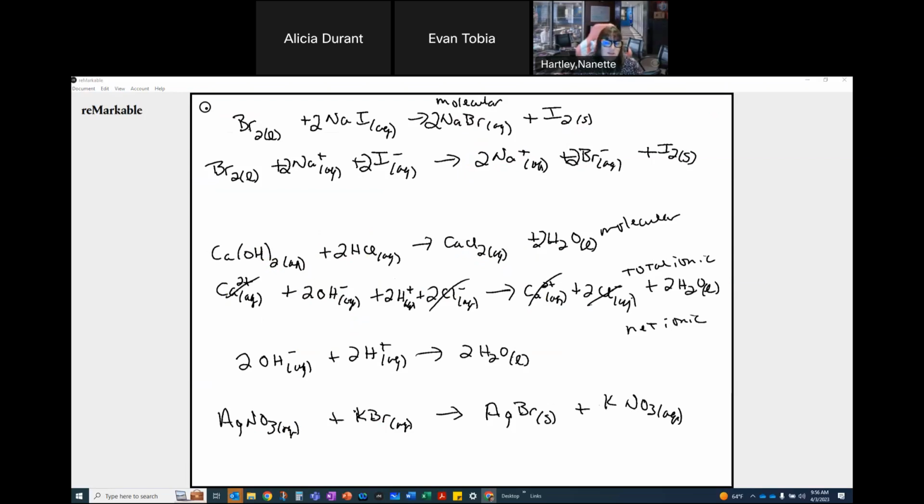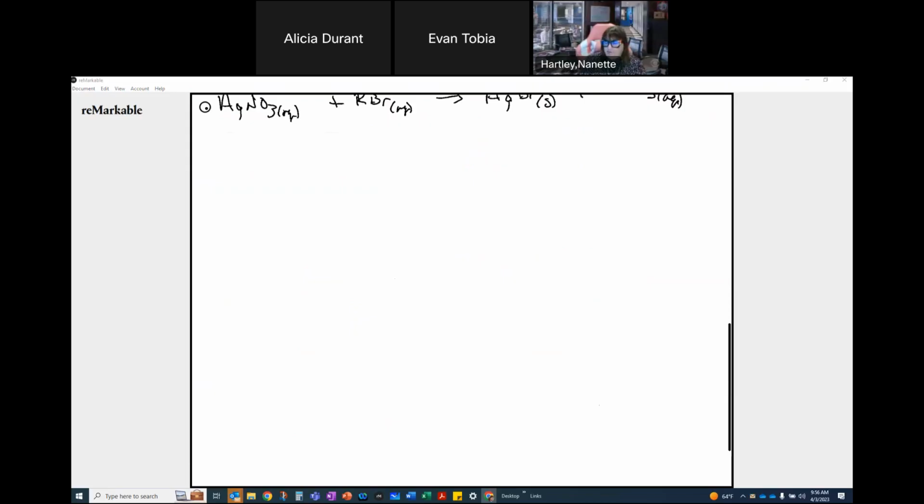Now we need to break all of the aqueous stuff down into the ions that it's made from. Okay. So what are the ions that are in AgNO3? Well, Ag is in that D block, so it's just +1.